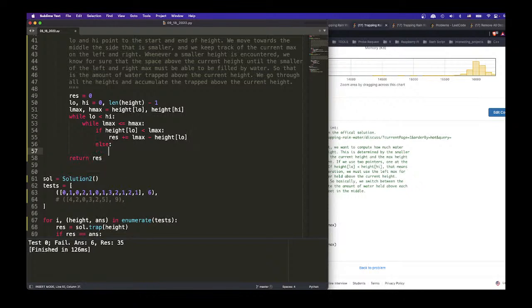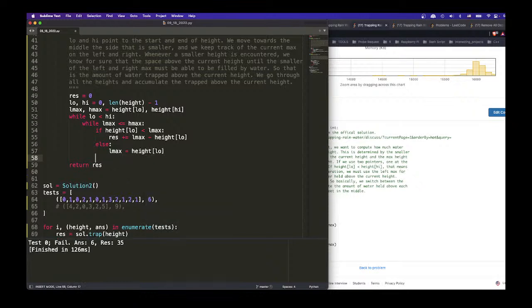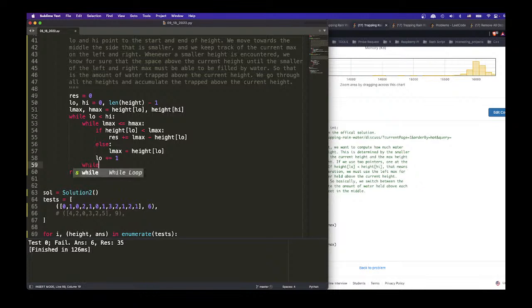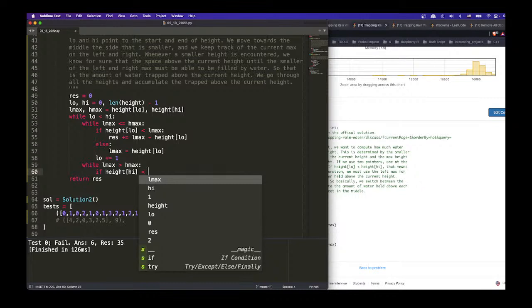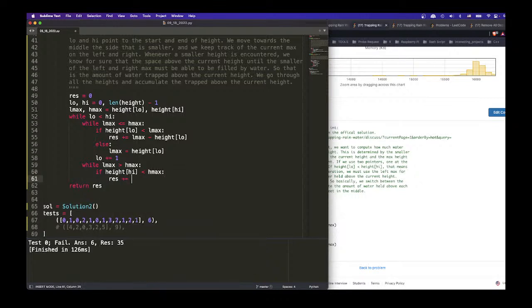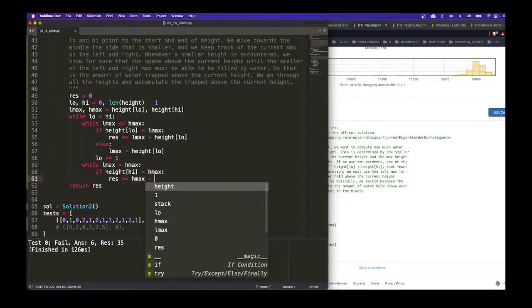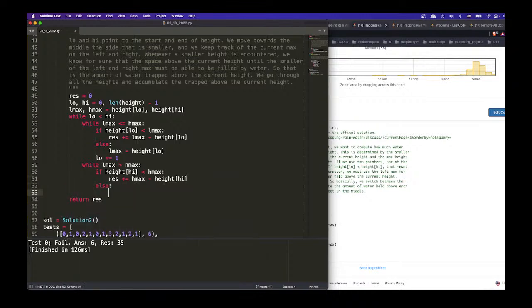Else L max equals height low, and low plus equals 1. So we keep doing this until it changes. Now while L max is larger than H max, if height high is smaller than H max, rest plus equals H max minus height high. Else H max equals height high, and high minus equals 1.